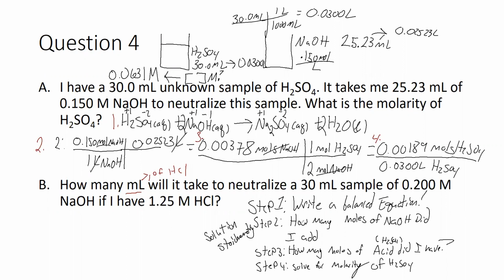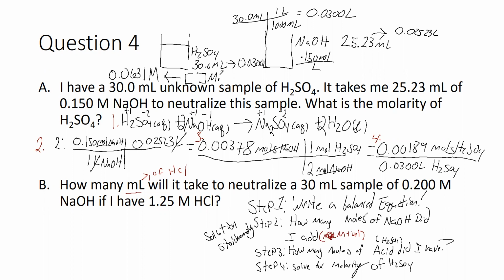Then step two, how many moles of NaOH did I add? That's the same here. Whenever you're given in a titration problem a molarity, big M, plus a volume, usually you want to figure out how many moles that is, because moles is a unit we can work in.